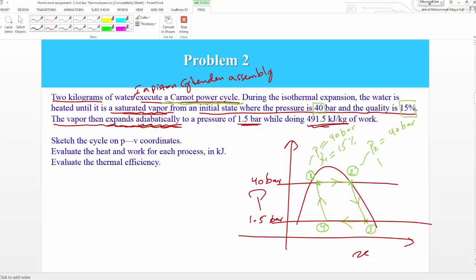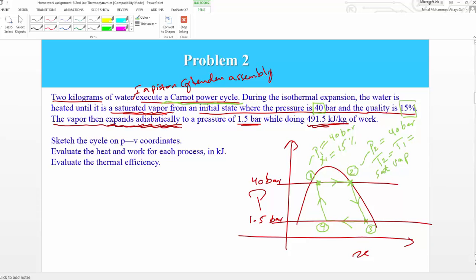I also know that T2 is equal to T1, but that won't help me so much because the pressure and temperature under the dome are dependent, and I need two independent properties. The independent property is the one telling me the state: it's saturated vapor, right?